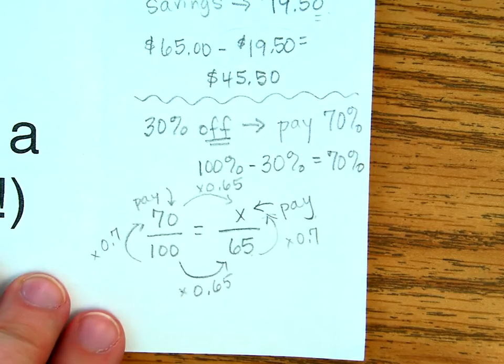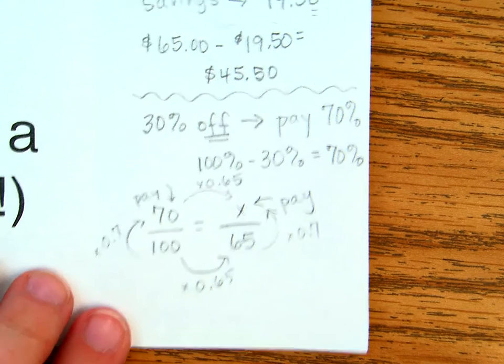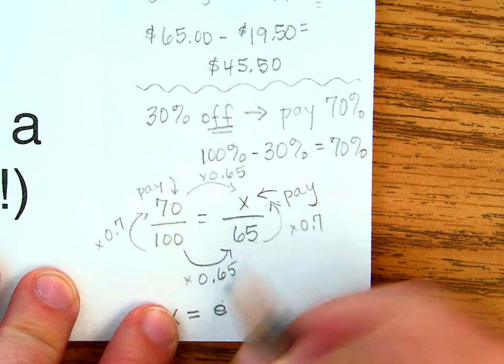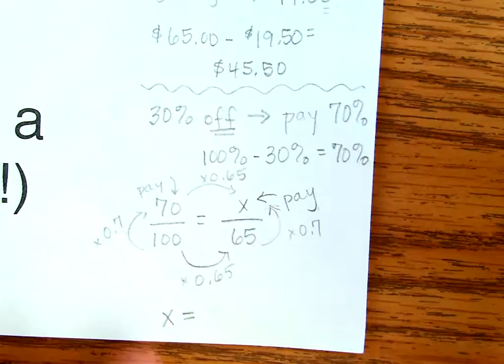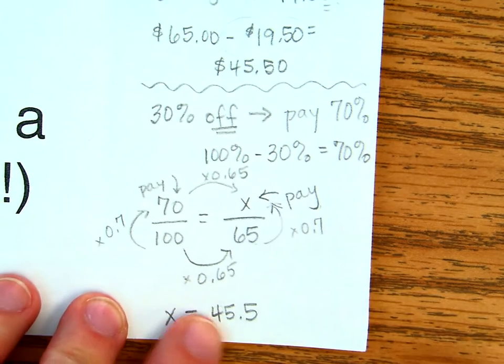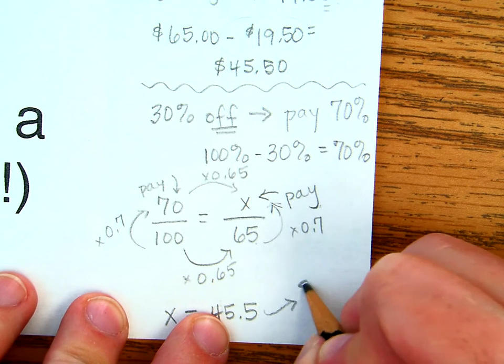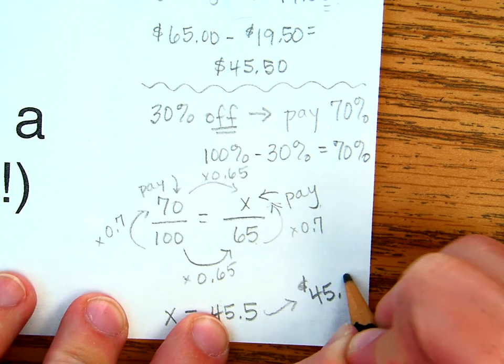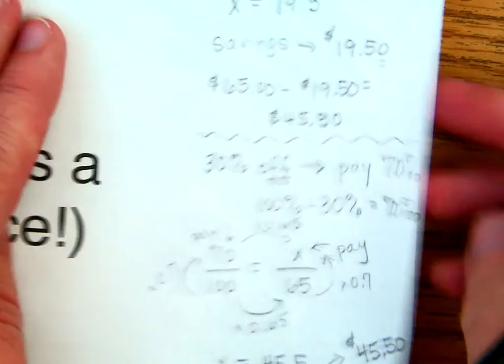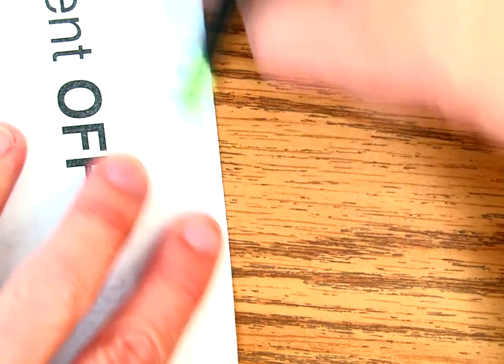You may use a calculator to do that part, and when you do, you come out with 45.5, and since we're talking about money, that means $45.50. So that concludes this part of the foldable.